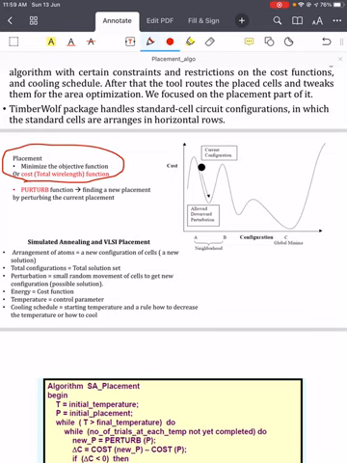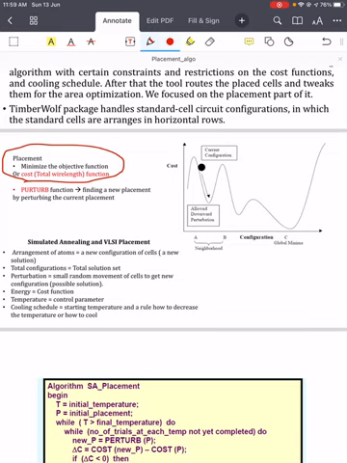Starting from a random initialization, we search around the current solution, or the current state, and we make some variation in the current state and compute a new state.